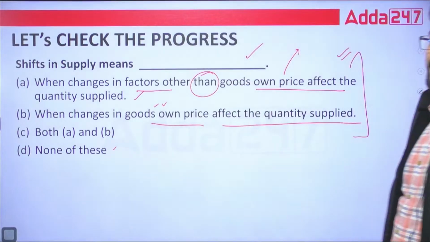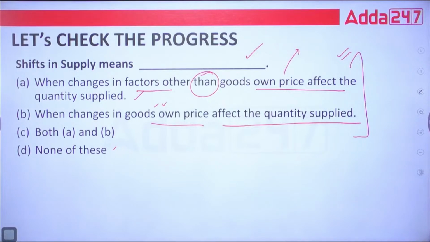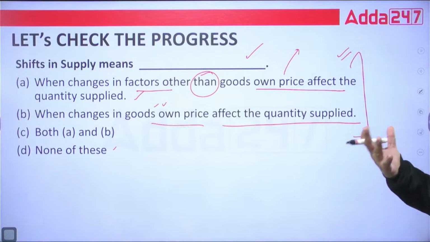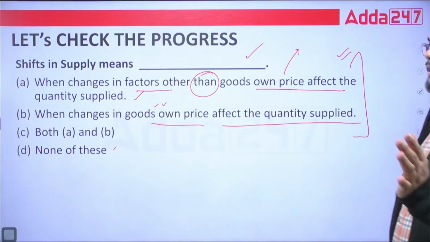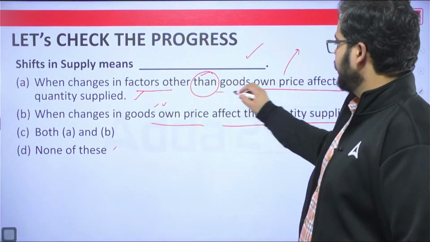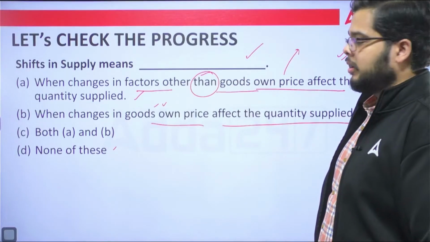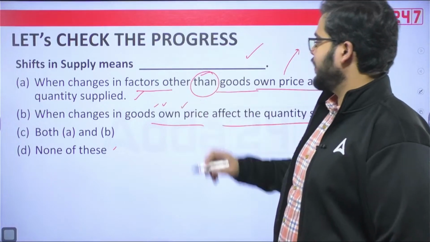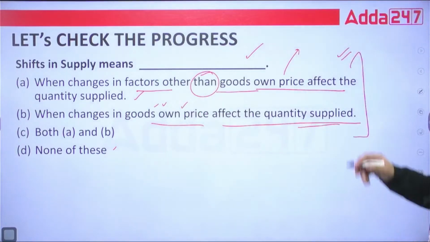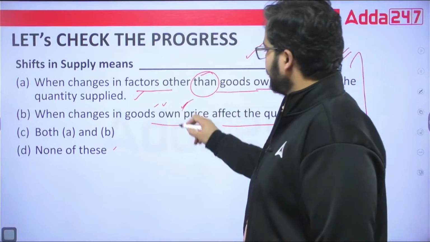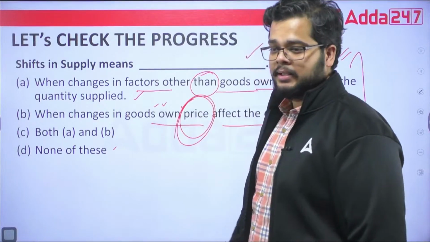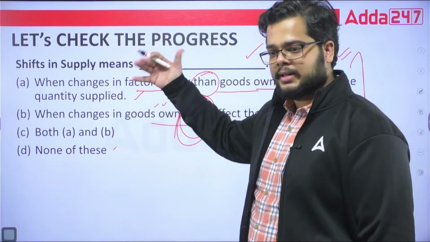So what will be the correct answer? We have seen that a shift in supply means what? Changes in factors other than the goods' own price affect the quantity supplied, or changes in the goods' own price affect the quantity supplied. Was there any change in the prices when we talk about shifts in either demand or supply?